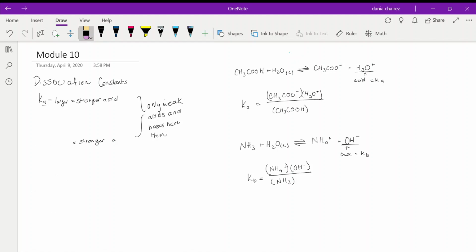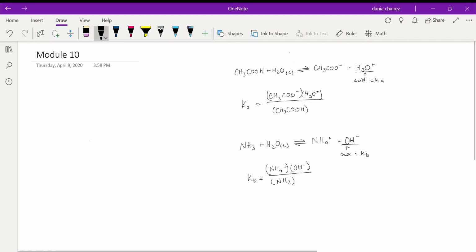So let me erase all of this, and I'm going to leave that to the side for now. Like I say almost every week in lecture, everything in chemistry is kind of related. So Ka and Kb are going to have a relationship. Essentially, that relationship is your Kw, which if you remember from the first video, is 1 times 10 to the negative 14.